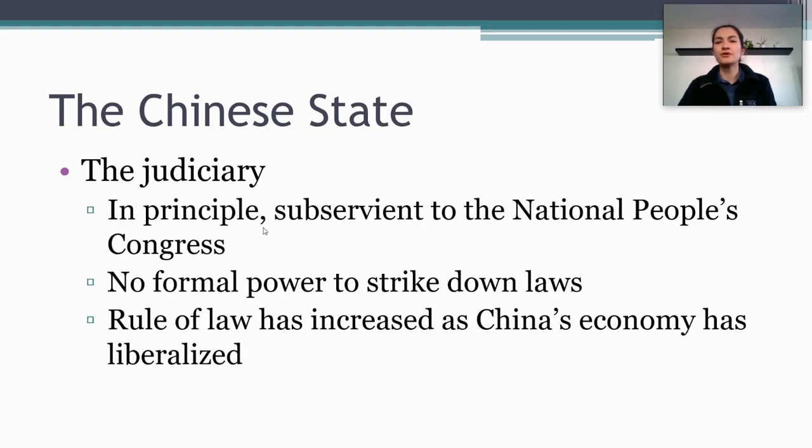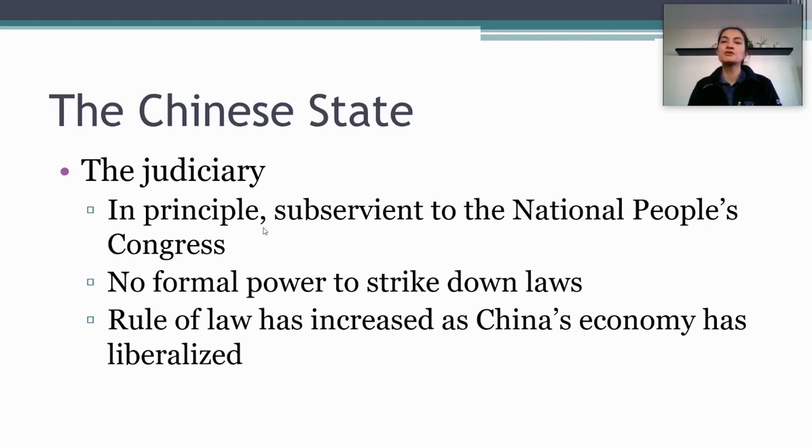But I think it's worth noting that the rule of law in China, the idea that there should be written codes that everybody has to follow, has increased by most external measurements as China's economy has liberalized. And that's a pretty common trend that you see with economic liberalization, which is that in order to attract foreign investors, you have to guarantee them some sort of security for their property, some sort of security for their employees.